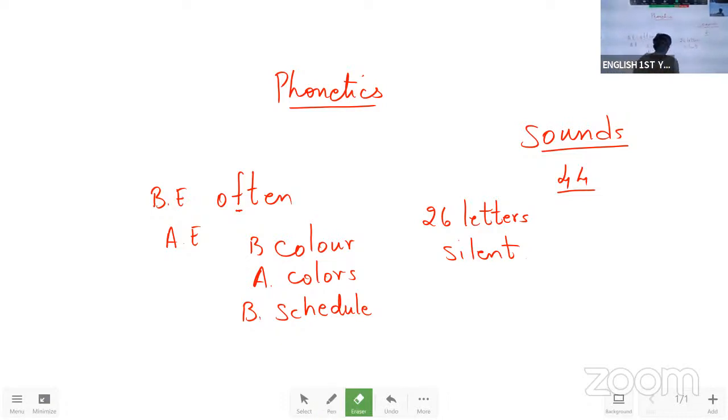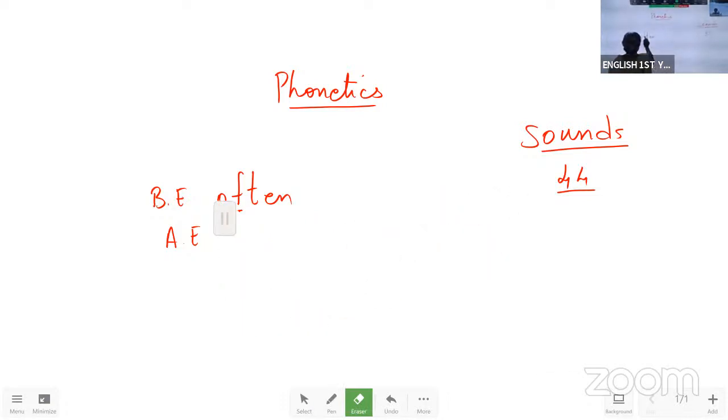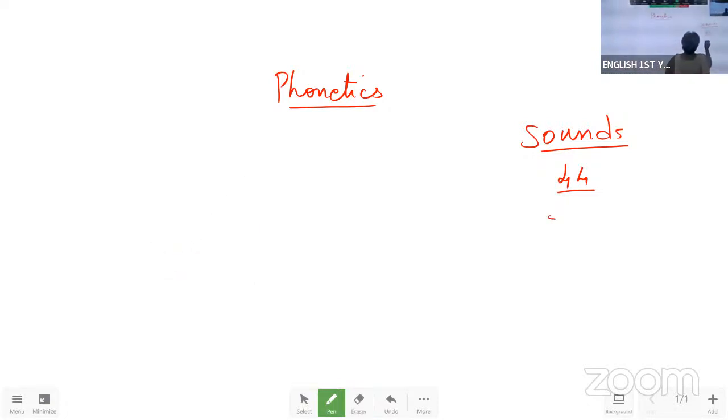Anyway, coming to phonetics, like I said, there are 44 sounds, but we have only 26 letters. So it is difficult. We don't have one-to-one relationship in pronunciation.